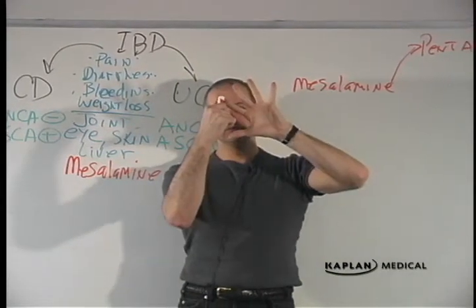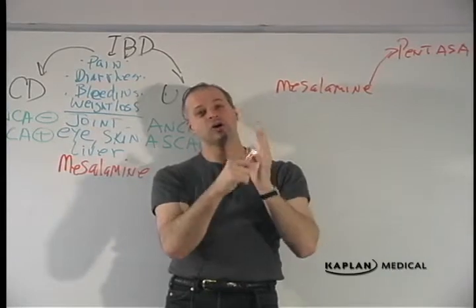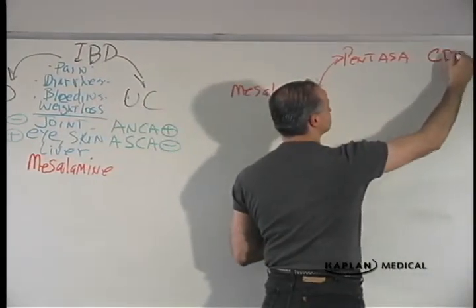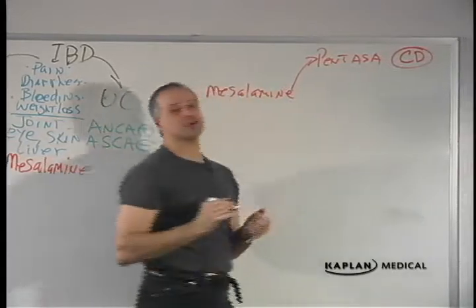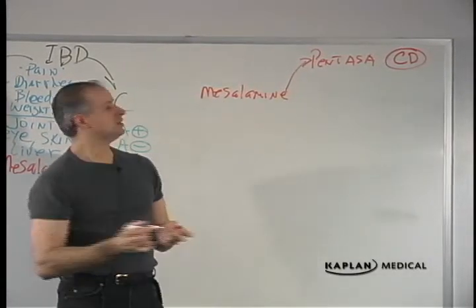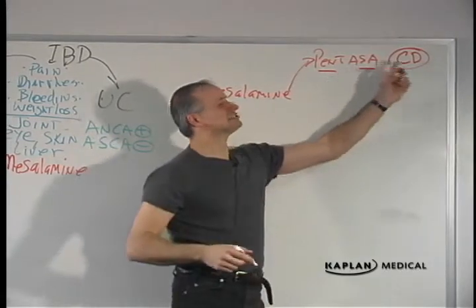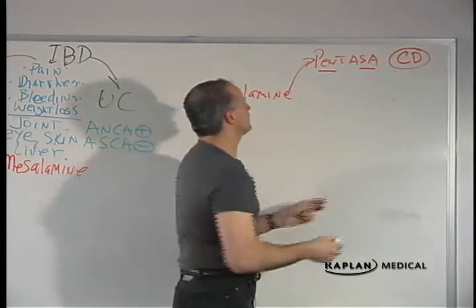That must mean that this works for Crohn's disease because it works up and down the whole bowel. Okay? 5-ASA, or acetyl-salicylic acid, for all 5 parts of the bowel.